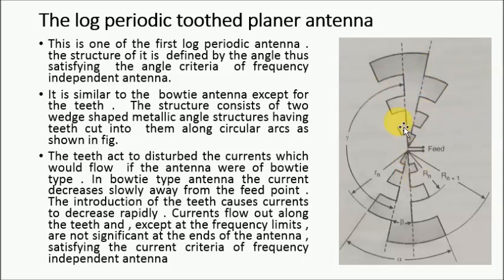But here, due to the teeth, the current decreases very rapidly, and the current flows out from the teeth, so the frequency limits are not significant at the end of the antenna. So it satisfies the current criteria of a frequency independent antenna, because the current dies off very quickly in this toothed planar antenna.